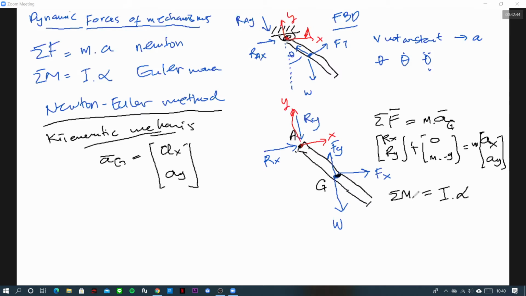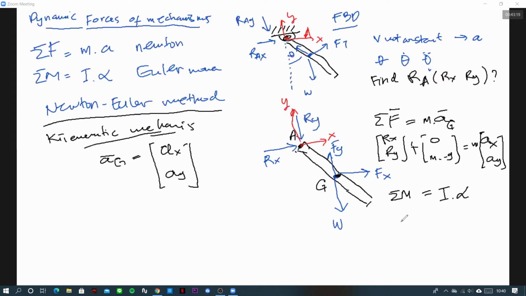Is it with respect to point G or with respect to point A? It is up to you. It depends on the question. Let's say the question is to find the reaction force at point A. So it means you should find both Rx and Ry. If you want to find both, it means I don't want to know about Fx, Fy.